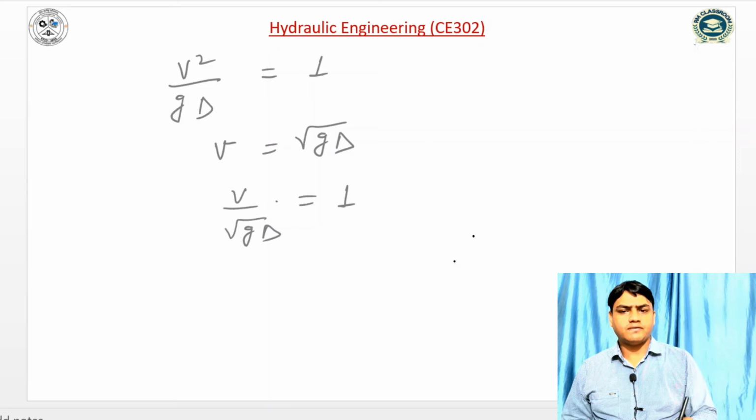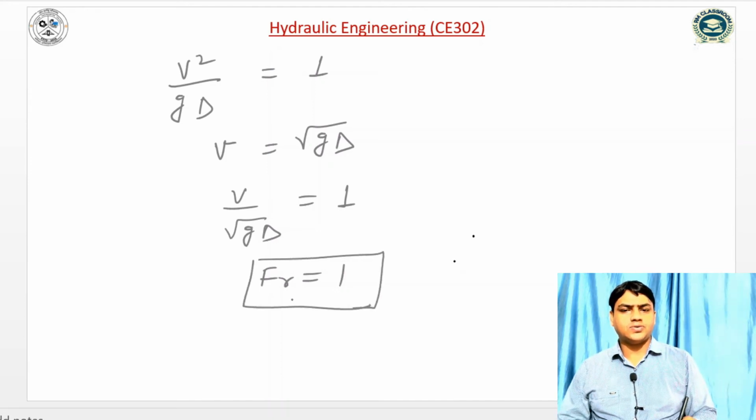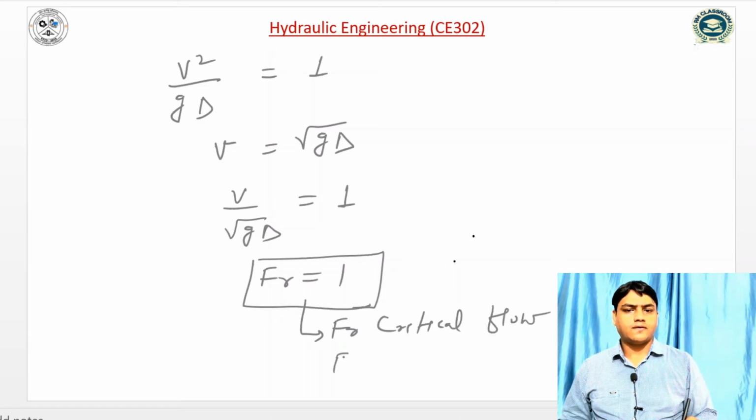And what is this? V by square root of gD is the Froude number. So Froude number is equal to 1. As I told you, in case of critical flow our Froude number is unity. So this is the proof that for critical flow Froude number is unity.